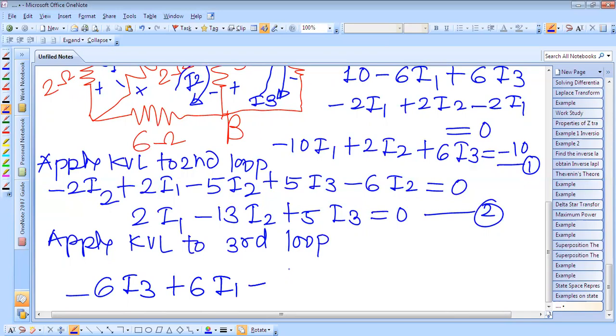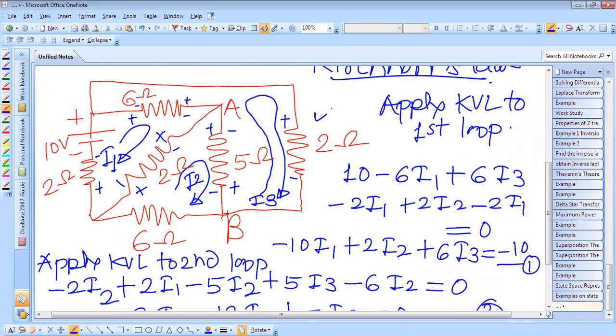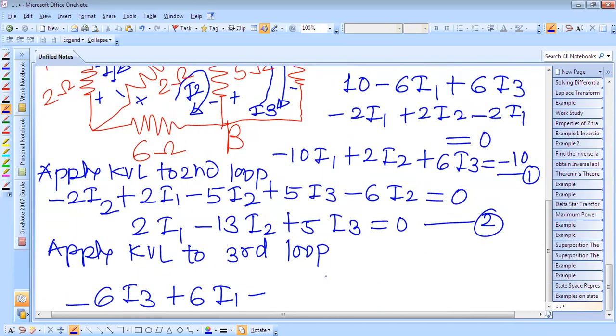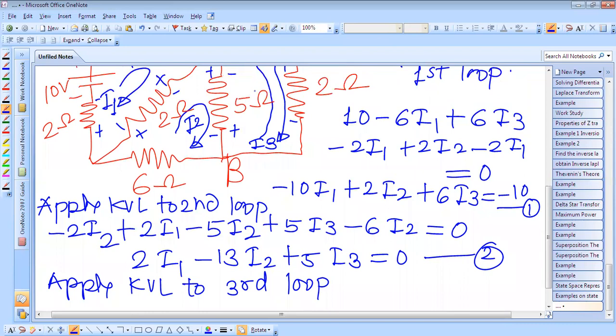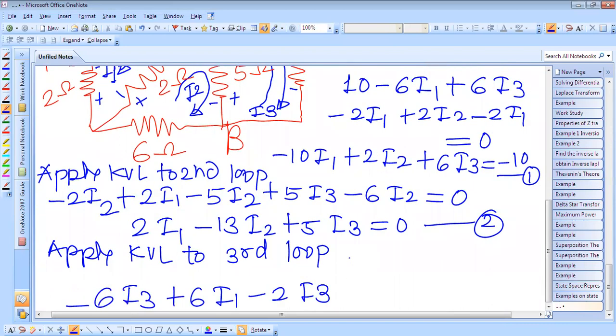Again minus 2I3, there is a fall in potential. Coming to this point, minus 5I3 plus 5I2, a rise in potential because of this current, and this is equal to 0.